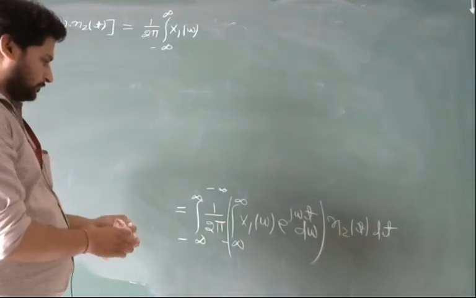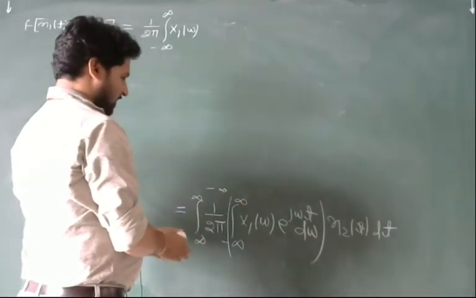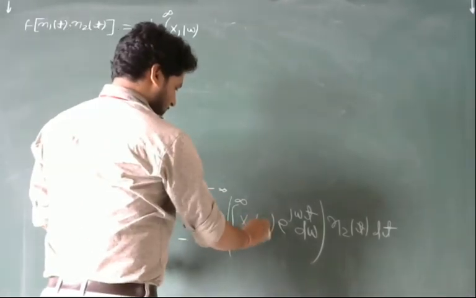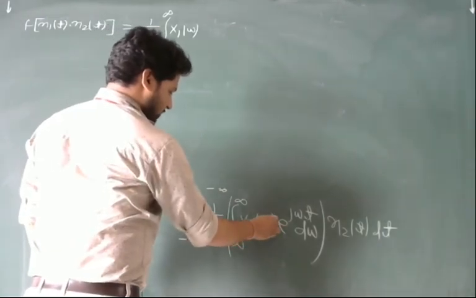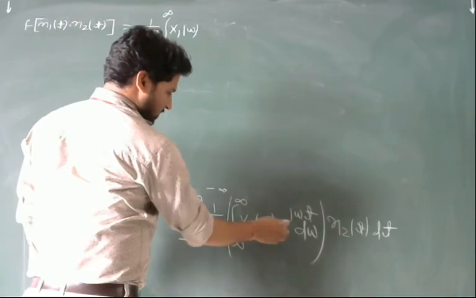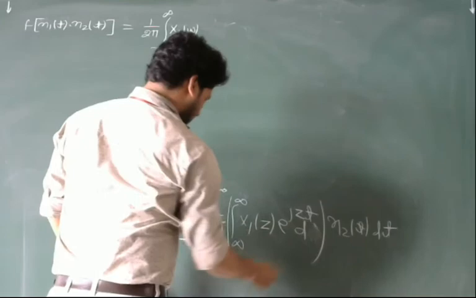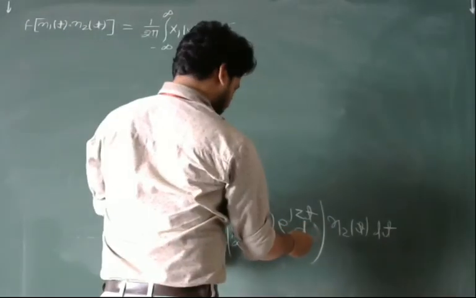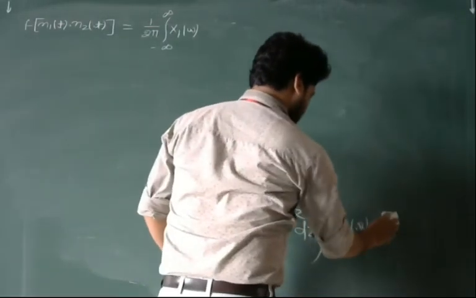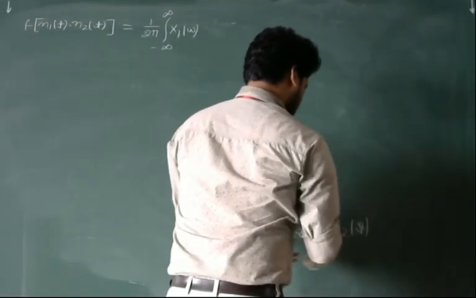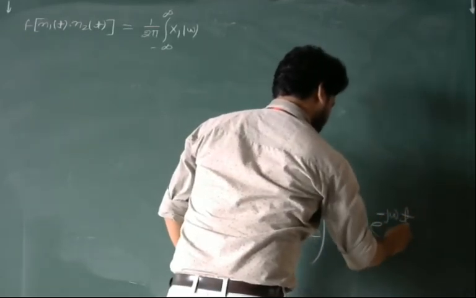And here we will assume in place of omega some other variable. Suppose it is z, because omega in the x1(t) is already here, this is dz, and here it is x2(t) into e power minus j omega t, which is also here, dt.